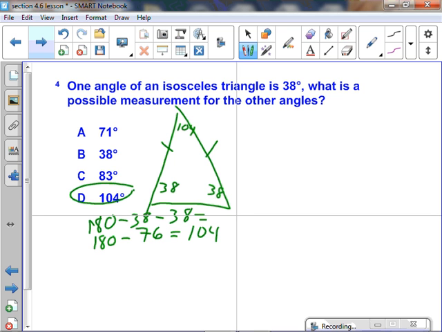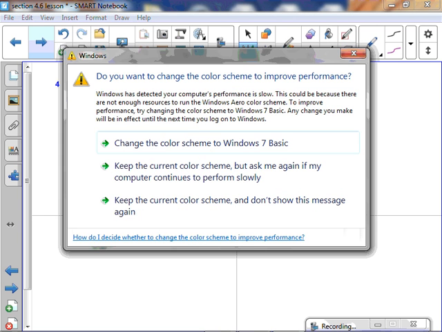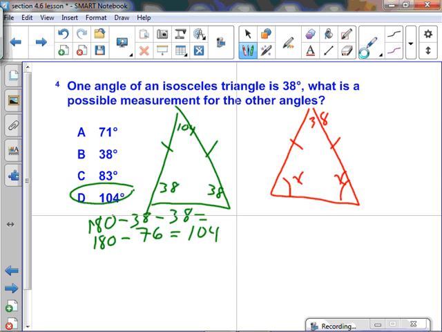But wait, there's more. What happens if I drew the same diagram, but instead of making 38 one of the equal angles at the bottom, one of the base angles, what if I made this 38 up here? Okay? Then I know that these two here have to be equal to each other. I'll call them x again, because I'm not really imaginative. Okay?